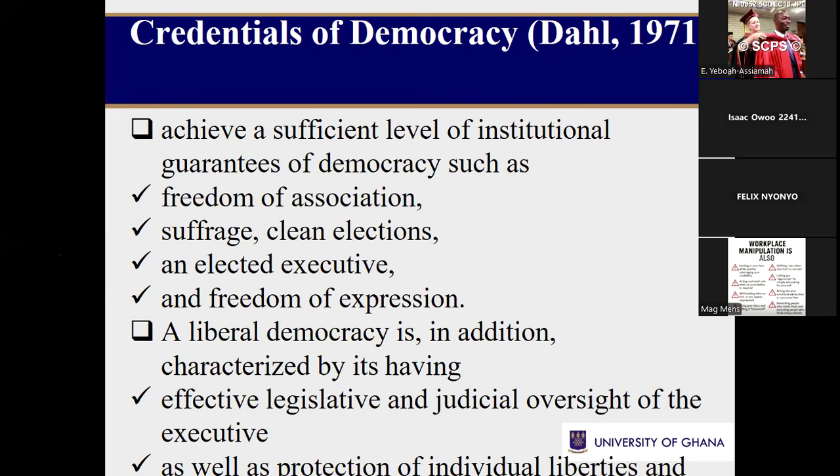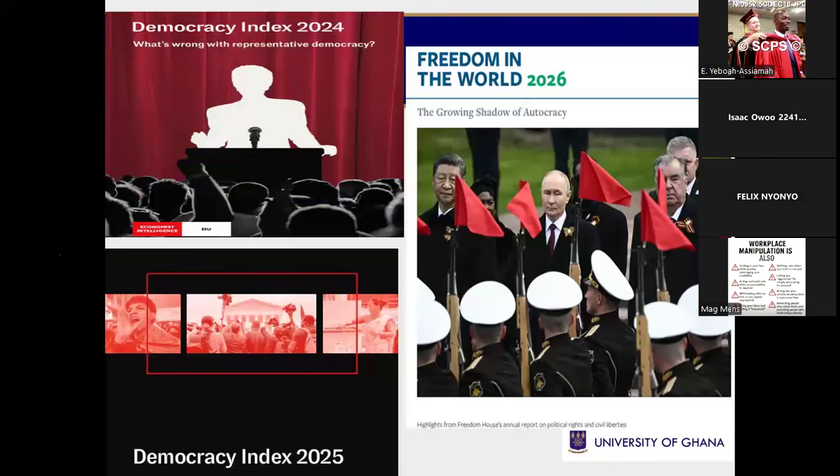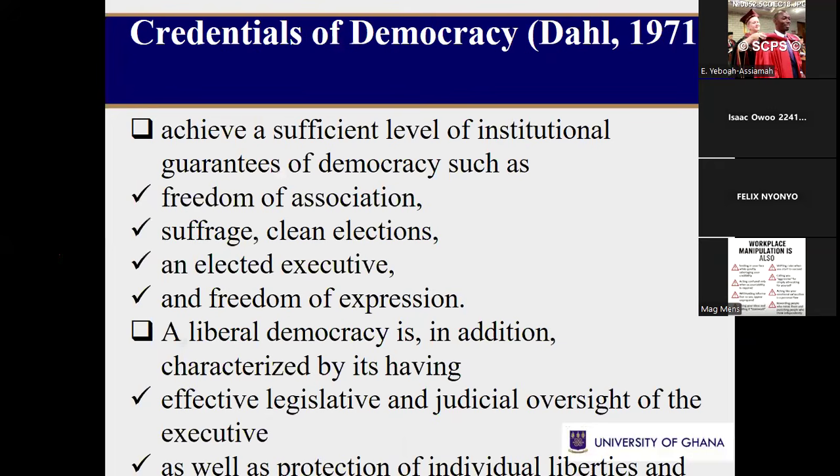These are the credentials. So, based on how a country adopts these elements and whether or not they enforce them well, we can tell which democracies do well. My dear friends, at best, we need to check different countries. So when we take Ghana, for example, we check to what extent we have freedom of association.